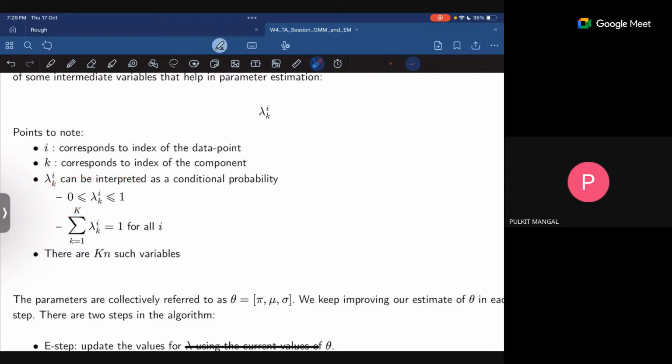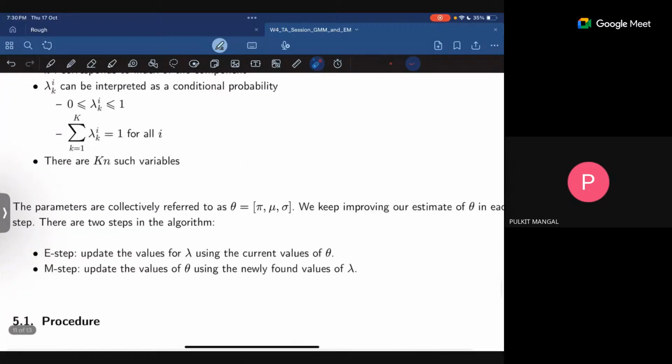As it is a probability, it lies between 0 and 1, and if you sum across the probability of the ith data point coming from all the components, it will sum up to 1. For each ith data point and kth cluster there is one lambda ik value, so with k components and n data points, there are k times n such variables.